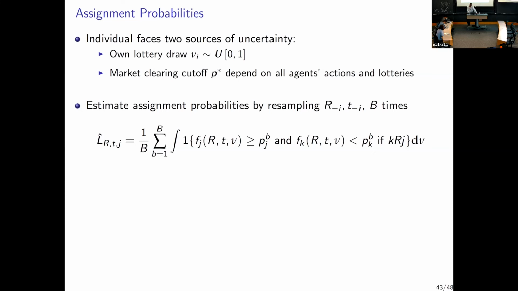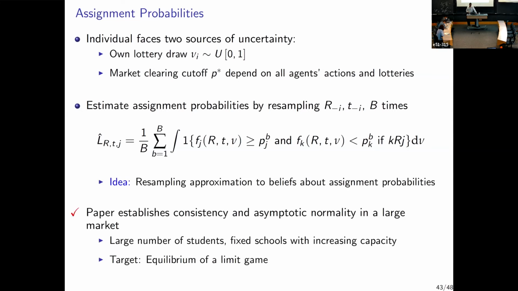And that gives us a set of lotteries. We show that as the number of students grows large, and if we allow the capacity of schools to also grow with the number of students, this estimation of the lotteries is consistent, meaning they're going to converge to a particular lottery vector that is the equilibrium of the limit game.